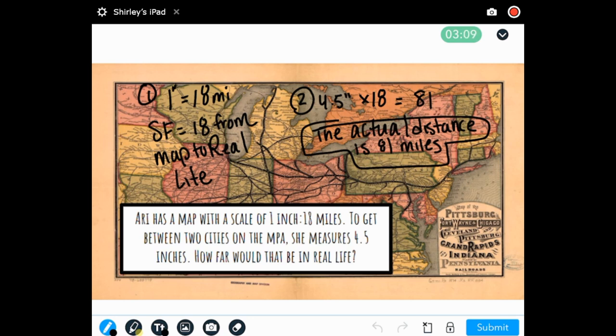Perfect. I see some of you going in and underlining and highlighting parts of the word problem. Those are fantastic strategies to work through word problems like this. Pull out all of that important information. Don't worry about any of the other stuff.